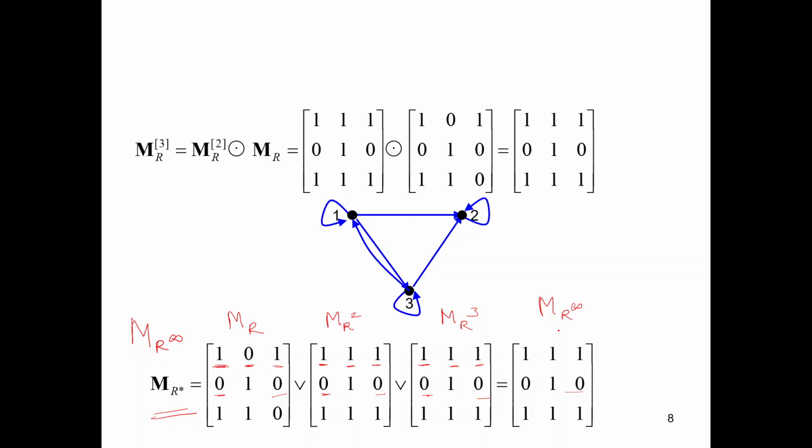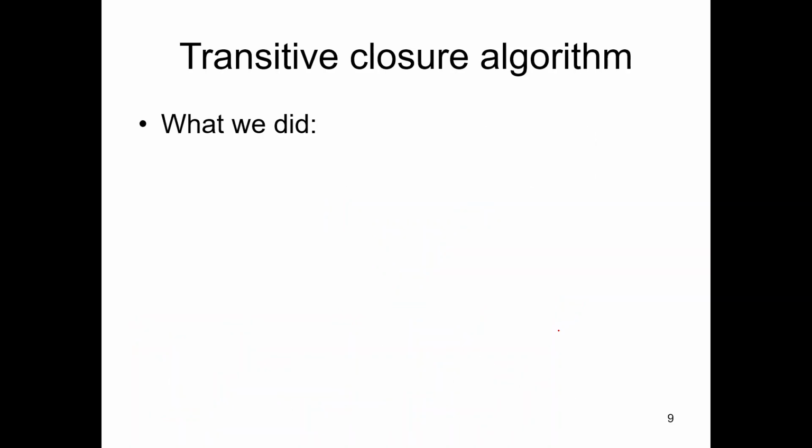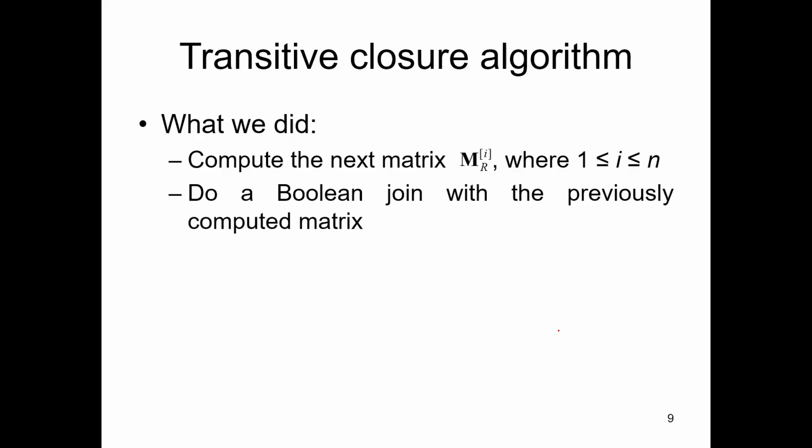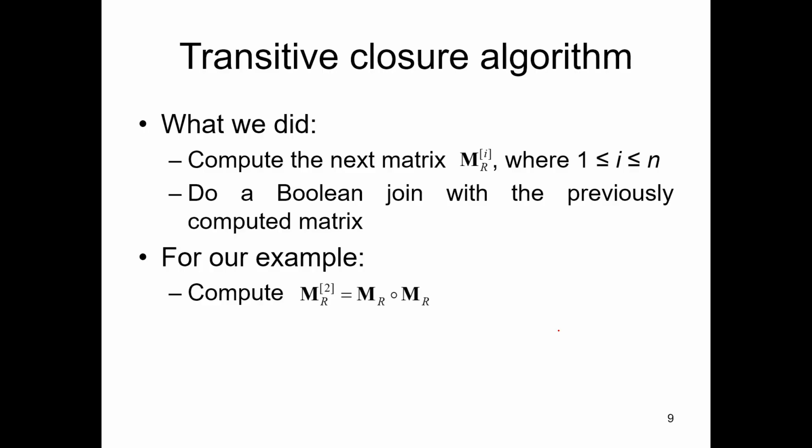Now, what is the time complexity of this procedure? What we did, we computed the next matrix every time, that is MR to the power i, and then we did a Boolean join with the previously computed matrix. For example, let's say instead of finding all the powers first and then finding the join, we did this. We first calculated MR square, that is MR composition MR or MR Boolean product MR, and then we joined that with MR again.